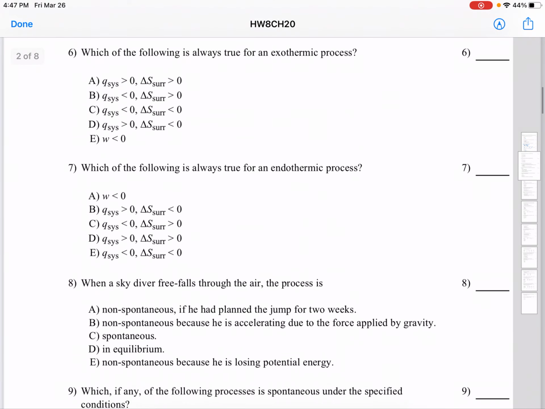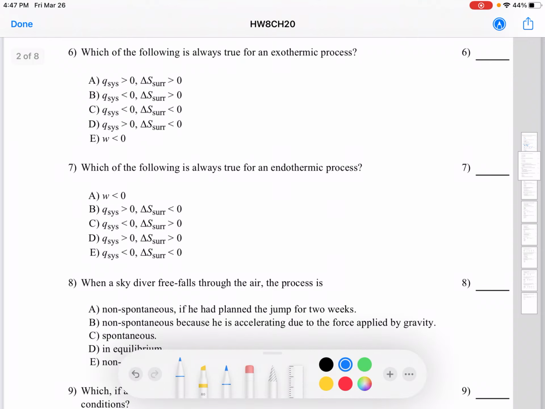Number 6, which of the following is always true for an exothermic process? An exothermic process means we are losing heat from the system, so the heat needs to be negative. It is also asking about the delta S surrounding. If it is losing heat, then Q needs to be less than 0.